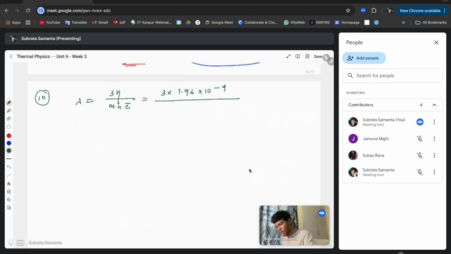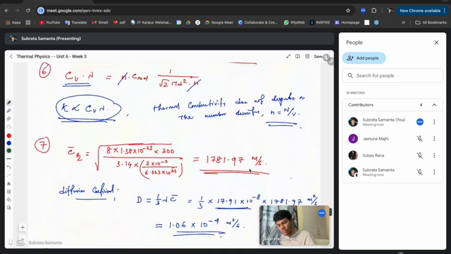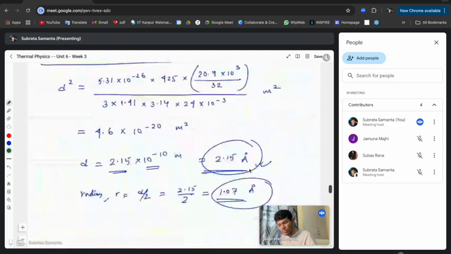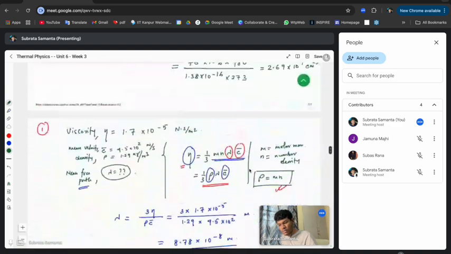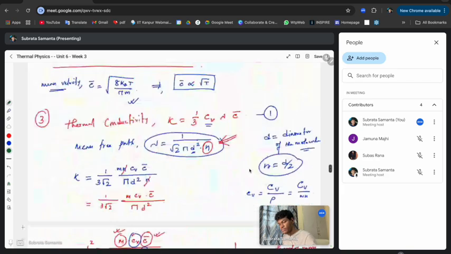So what is the value of m in CGS units? 5.31 times 10 to the power minus 23. And what is the value of n in CGS units? It is 2.69 times 10 to the power 19, and the average speed is 4.25 times 10 to the power 4.